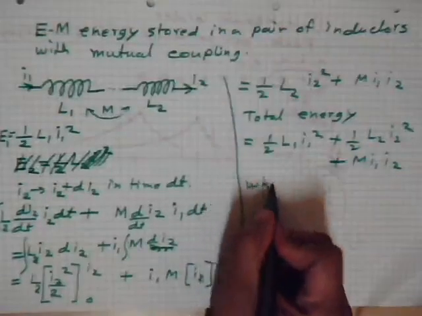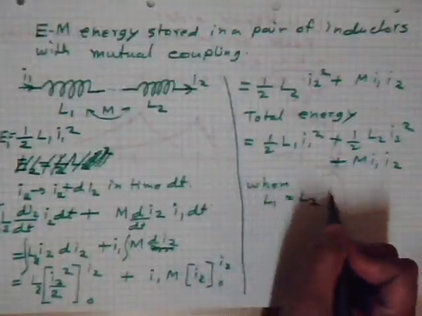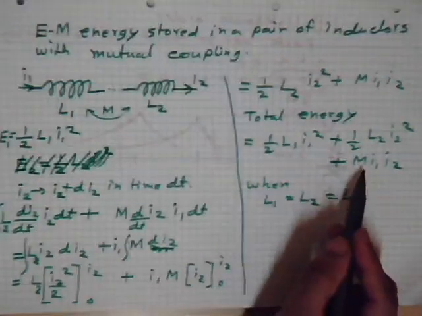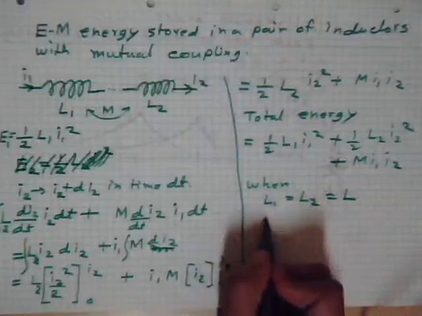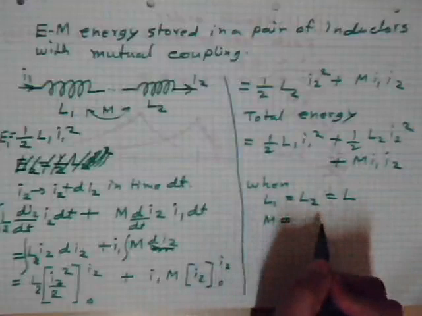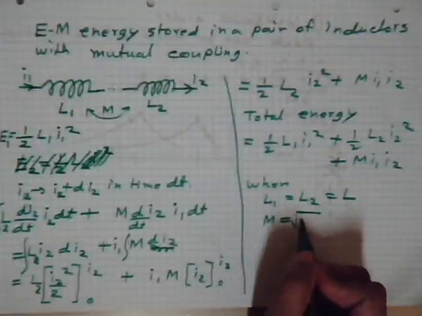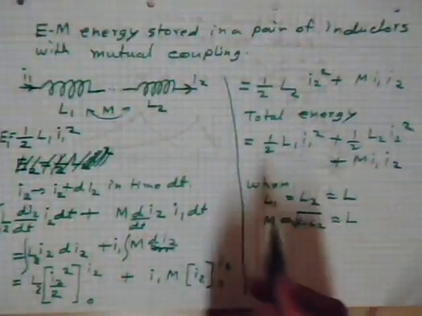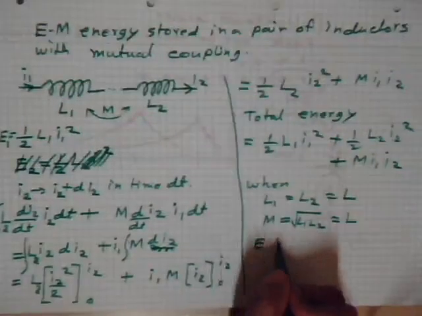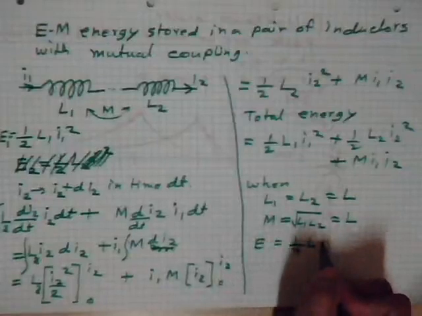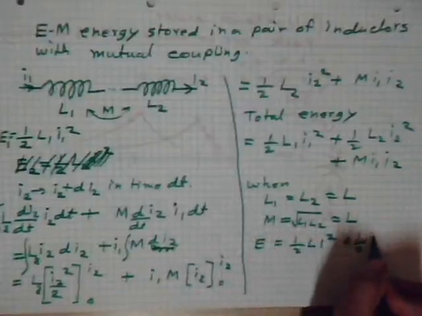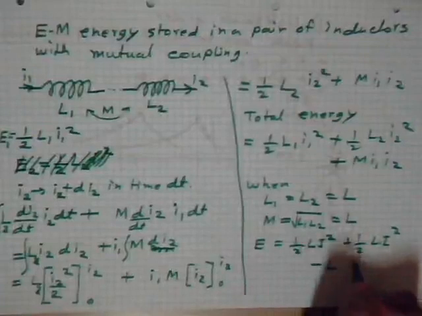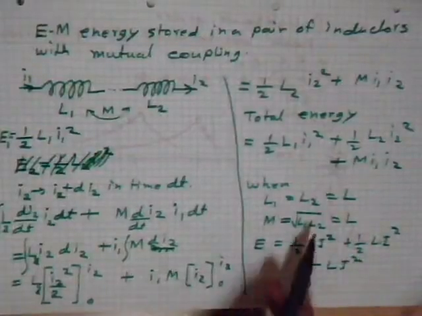Say for example, when L1 equals L2 equals say L, and we also know that, if you recall, M in that case for perfect coupling is root over L1 L2, which is equal to L. In that case, if the same current is flowing in the two coils, then energy is equal to half L I square plus half L I square minus M I square, which is equal to L I square minus L I square. So this is equal to 0. So M can be either positive or negative.